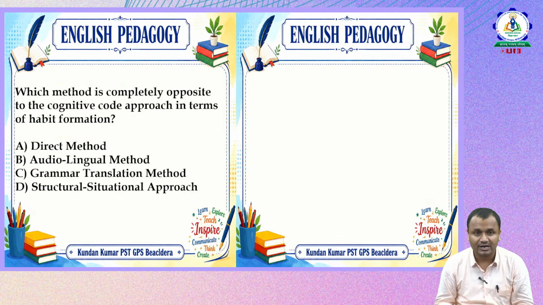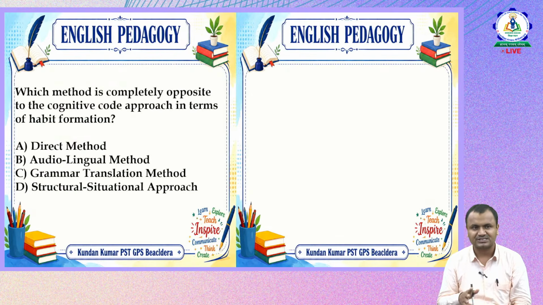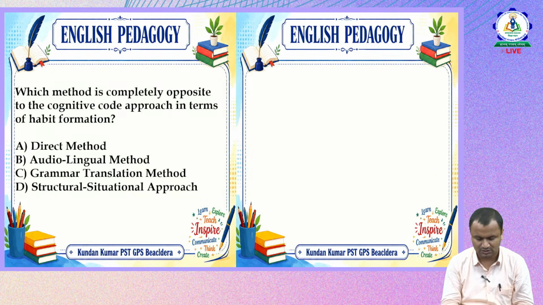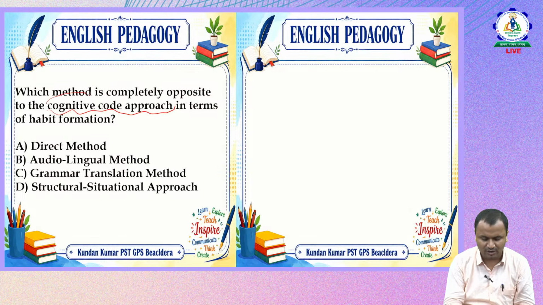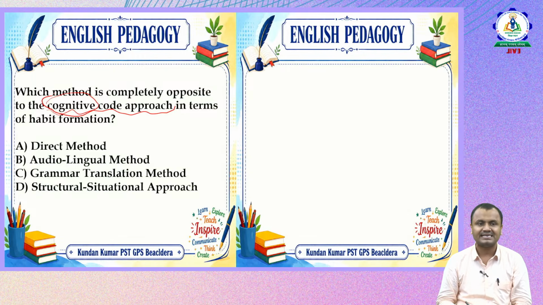Which method is completely opposite to the cognitive code approach? The moment you see the word cognitive, it means understanding, comprehension. For cognition, for comprehension, attention, sensation, perception, memory, imagination, creativity, everything is required.